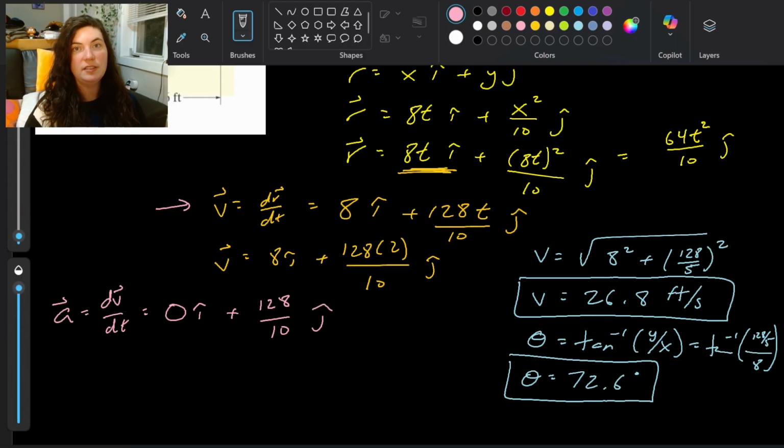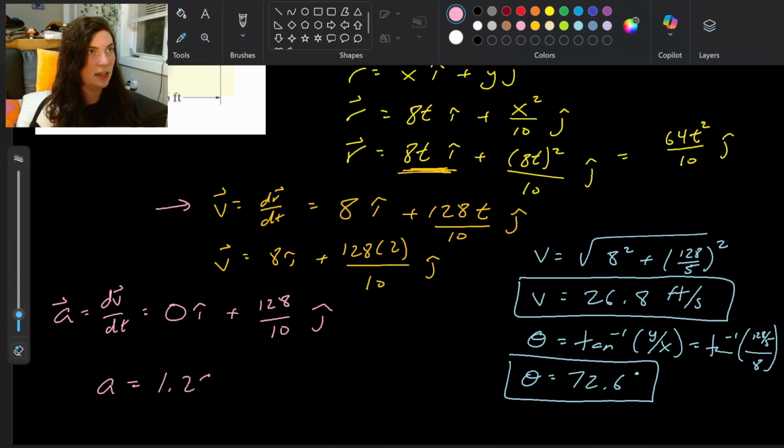So again, this one is even easier to find the magnitude of because it only acts in the j direction. If I punch that into a calculator, the magnitude of that acceleration is, whoops, put that point in the wrong place. Divide by 10, not by 100. 128 divided by 10 is 12.8 feet per second squared.